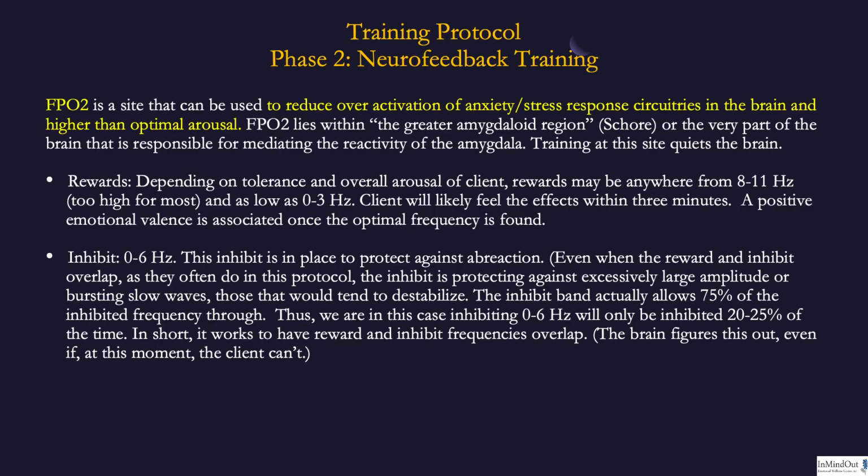From there, I then go into FPO2, the training for anxiety and stress, to help the person reach a more optimal level of arousal. And again, usually this training is very effective with individuals, especially since just after a few minutes, it creates almost a euphoric type of feeling in the individual if it is done correctly, which again helps the person's overall brain state or attitude to be more relaxed.